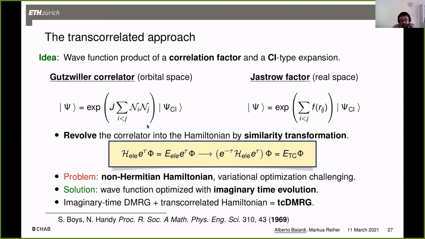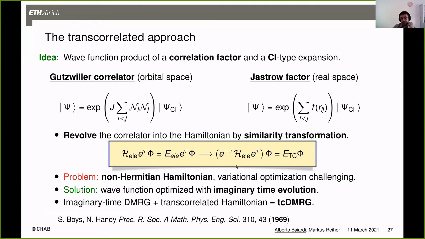And the idea is that the correlator takes care of the short range structure of the wave function, at least in real space, so that the CI wave function, which in our case will be the DMRG one, has to take care of the long range strong correlation effects.